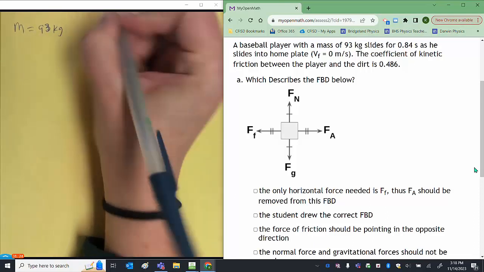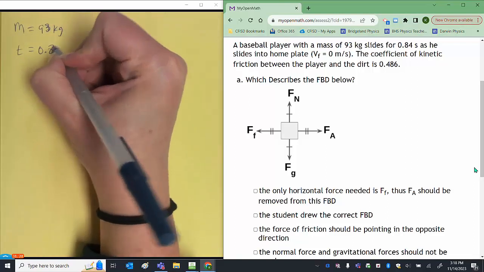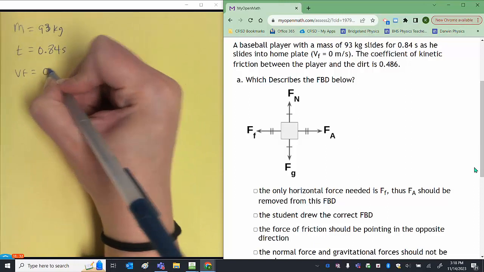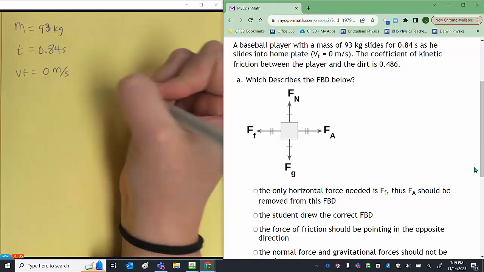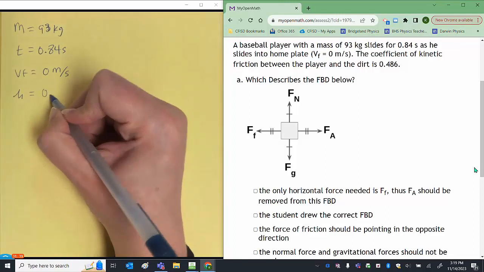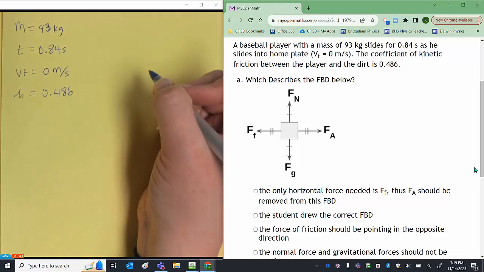We know the time of the slide is 0.84 seconds. We know the final velocity at the end of that slide is 0 meters per second. We know the coefficient of friction between the player and the dirt is 0.486. And that's the information in the question.